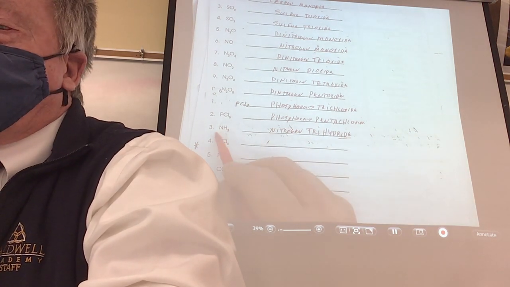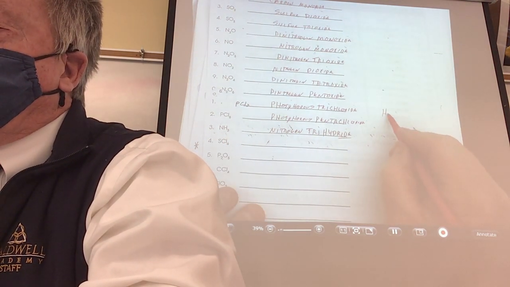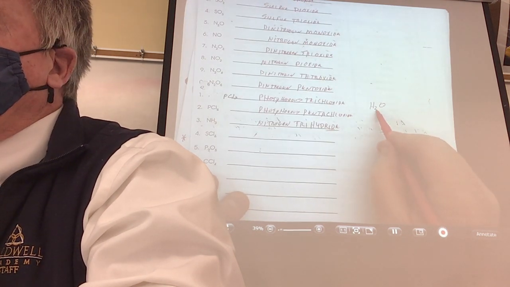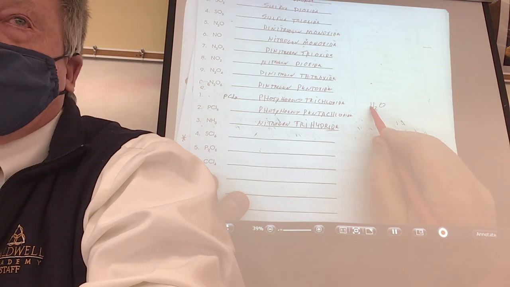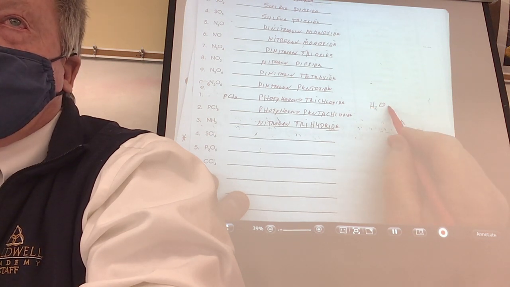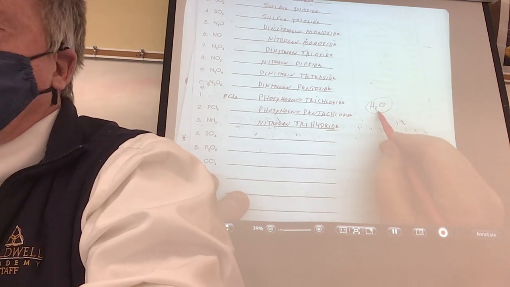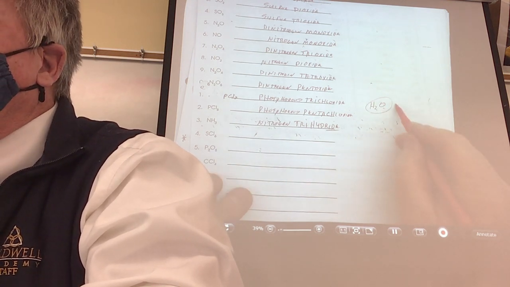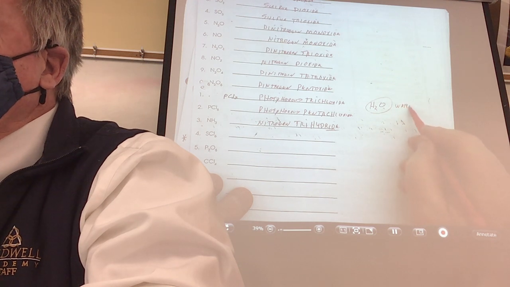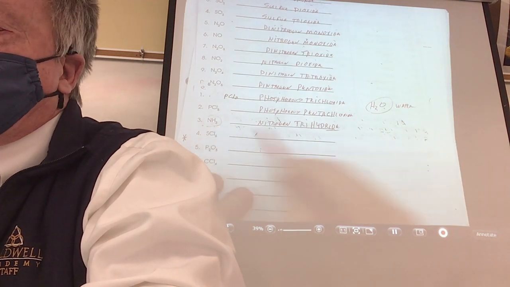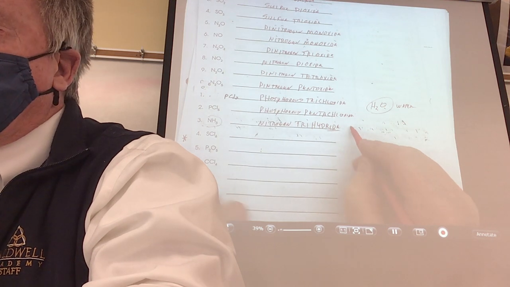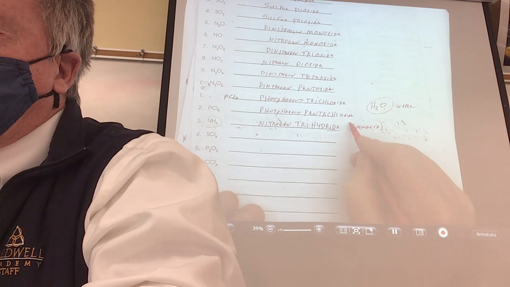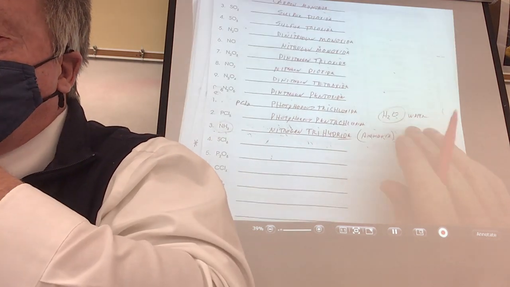Now, do you know that this chemical here could be called, what could this chemical be called? Dihydrogen. What could this one be called? Dihydrogen monoxide. But what do we call it today? Water. See this guy here? They could call it that, but they discovered it so long ago, it's actually called ammonia. Not ammonium, but ammonia. Anyway, so nitrogen trihydride.